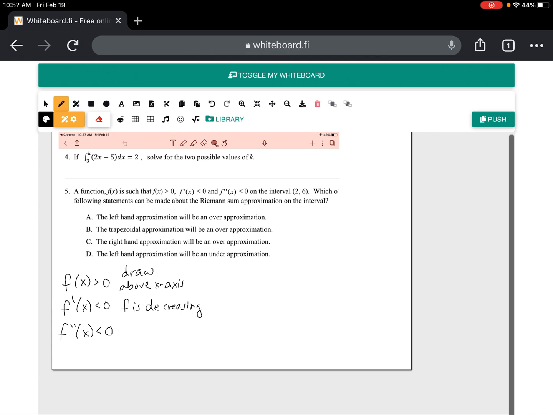Yeah, concavity. So points of inflection happen where concavity changes, which has to happen where your second derivative is 0 or undefined. So this right here tells us that our second derivative is negative. Okay, is the second derivative being negative concave down or concave up? Which one of those is it?